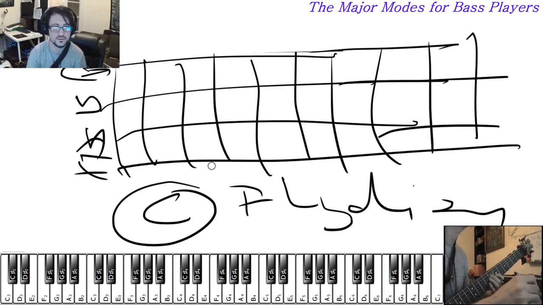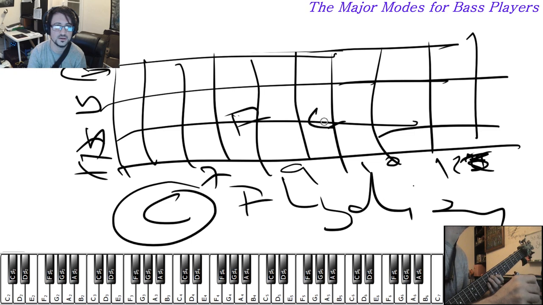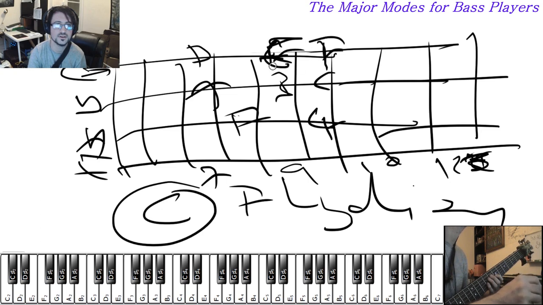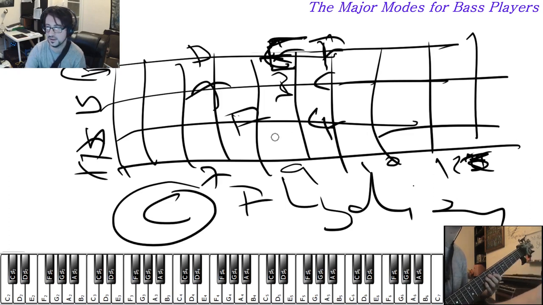So we start on the 8th fret. So if we made this the 7th fret, and the 9th, 10th, and the 12th. So it'd be F, G, A, B, C, D, E, F. Now I will do a little revisit of these at the end, where I show you through them more meticulously, but that's the basic scale shape for Lydian.